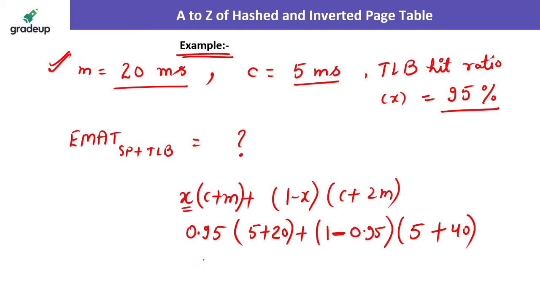So it will be 25 into 0.95 plus 45 into 0.05.